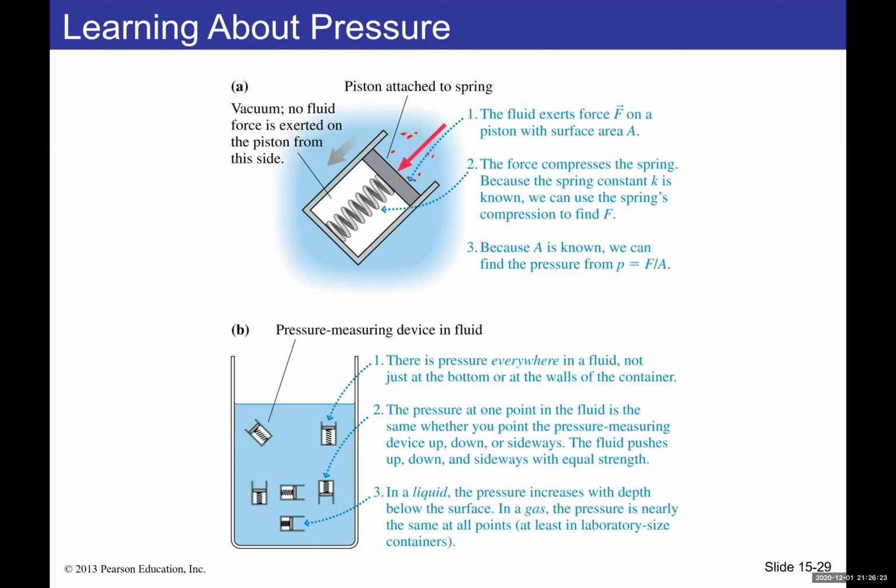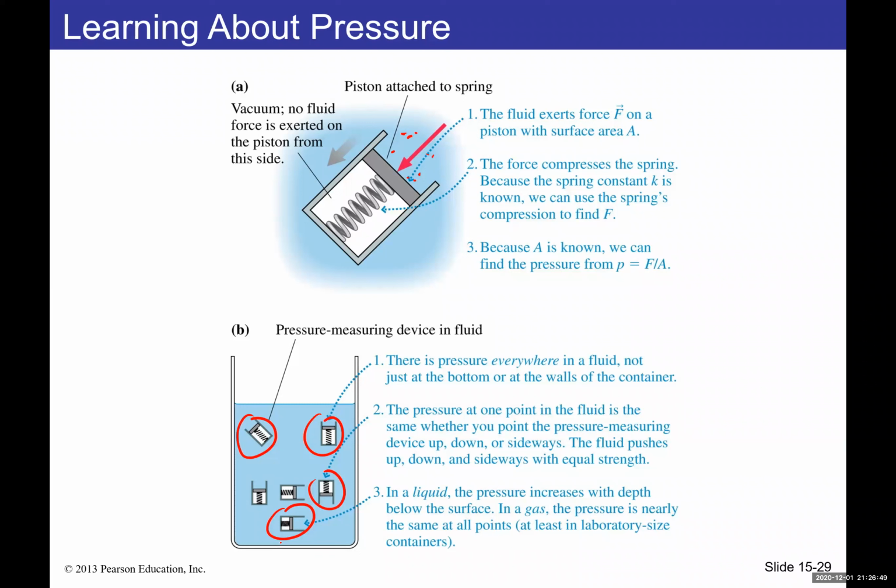So if you're able to make this device and put it in the water, one thing you can see is that this one is closer to the surface, this one is a little bit deeper, this one is at more depth compared to the surface, and this one has the greatest depth. And you can see experimentally that the spring is the most compressed there.